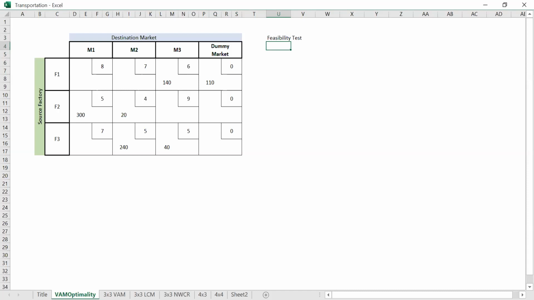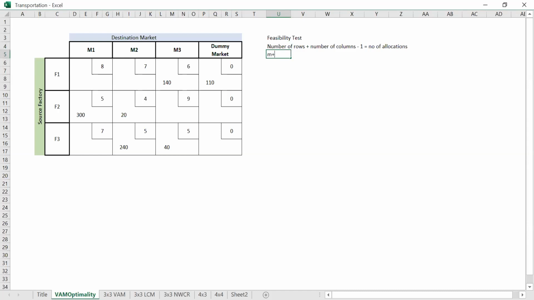For that, the condition is number of rows plus number of columns minus 1 is equal to number of allocations. If this is satisfied, then the solution is feasible.